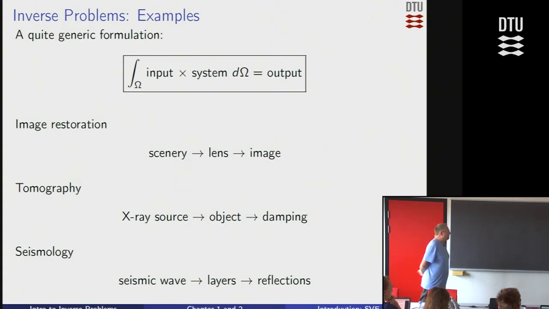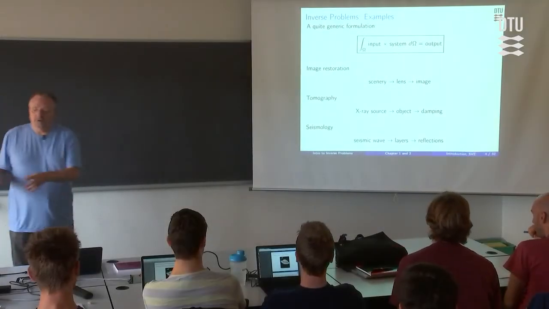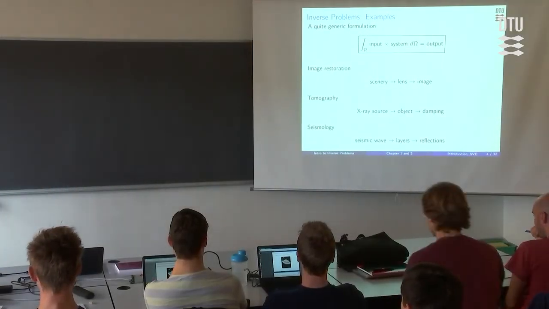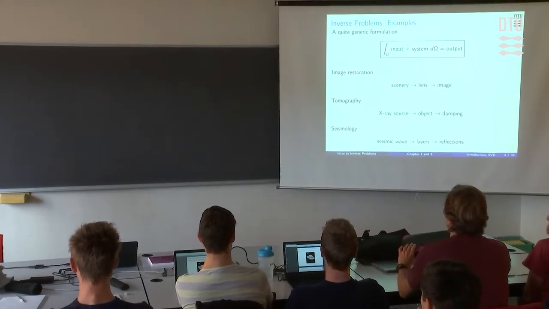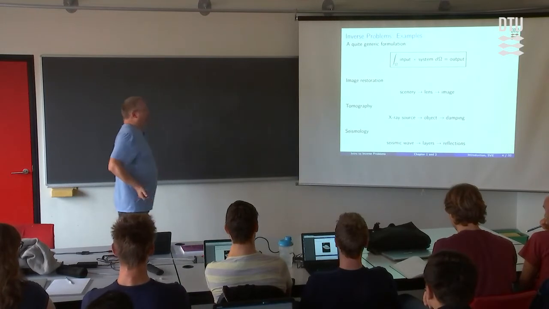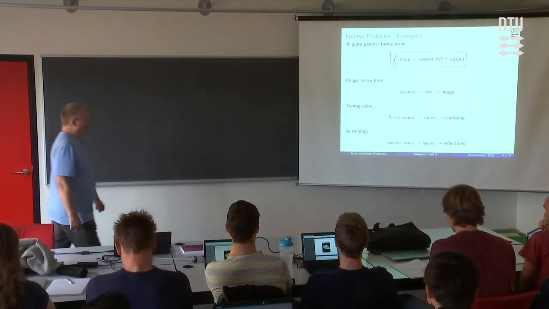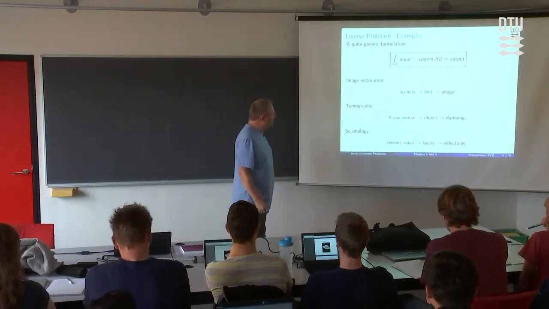Tomography is also an inverse problem, of course, but here the setting is a little bit different. You start with an X-ray source. You go down to your Radio Shack, you buy an X-ray source, and you send your X-rays through an object, and then you measure the damping coming out on the other side, on a digital kind of camera over there.